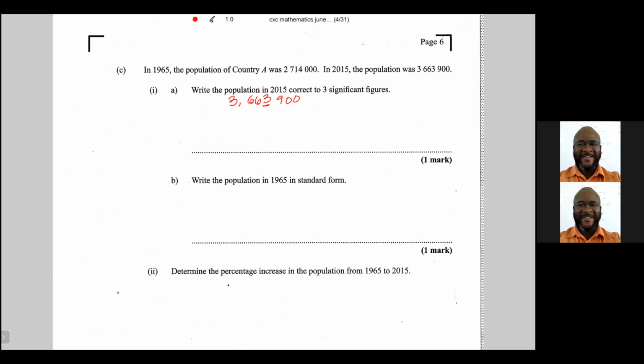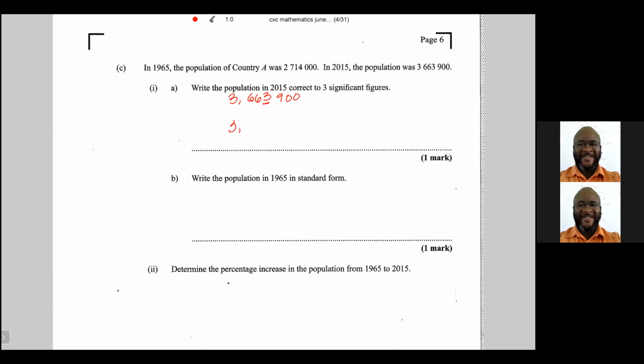If it is 4 or less, I'll round down. So since it's 3, I'm going to round down to 3,660,000, and this is to 3 significant figures.